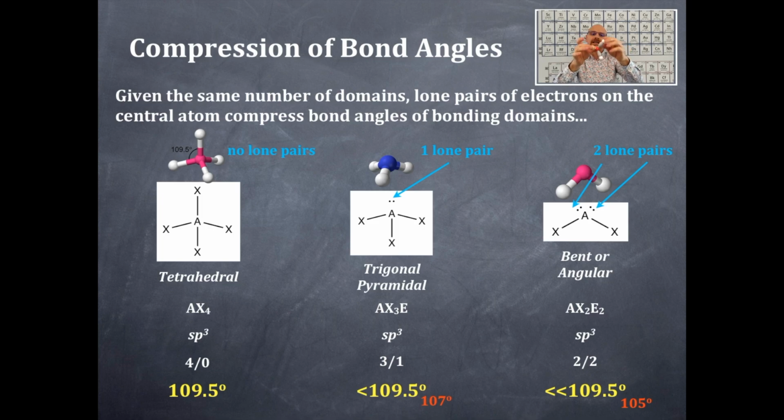You would expect 109.5 with a tetrahedral arrangement, but as we saw with the trigonal pyramidal structure, 1 lone pair on the central element compressed the bond angle to approximately 107. With 2 lone pairs, it will compress the bond angle even further, now down to 105.